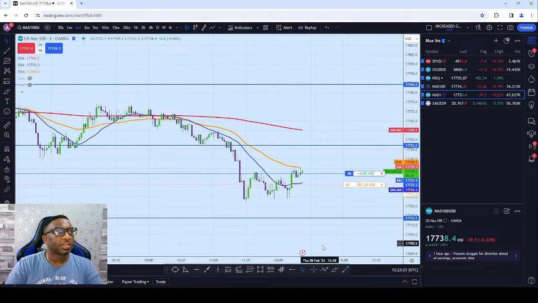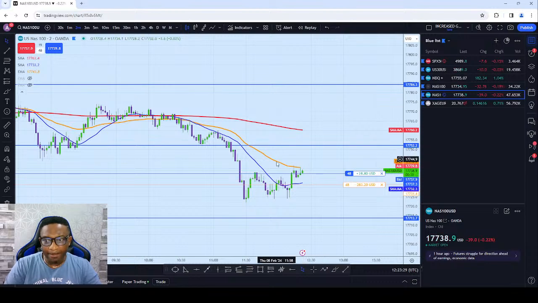As I said, as I was waiting, I entered this trade on NAS, after I saw this pin bar, double pin bar here, and then price pushing up above here. So I got into it now.